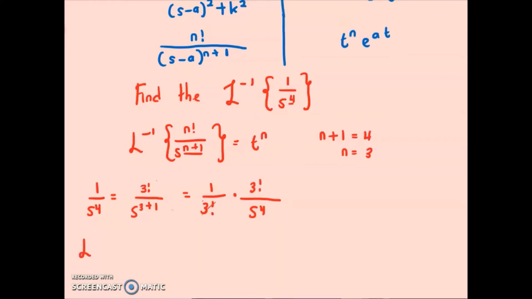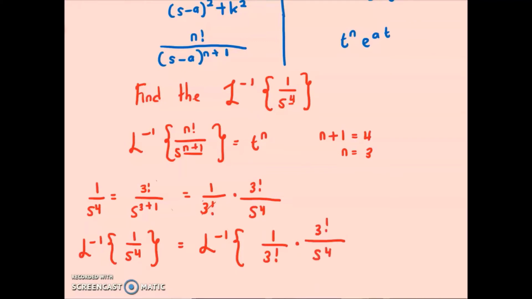So the inverse Laplace of 1 over s^4 is given by the inverse Laplace transform of 1 over 3 factorial multiplied with 3 factorial over s^4.